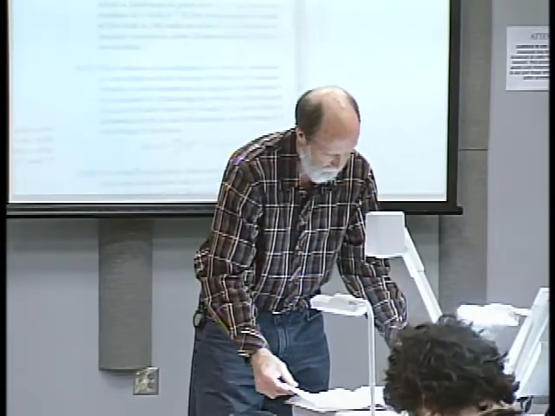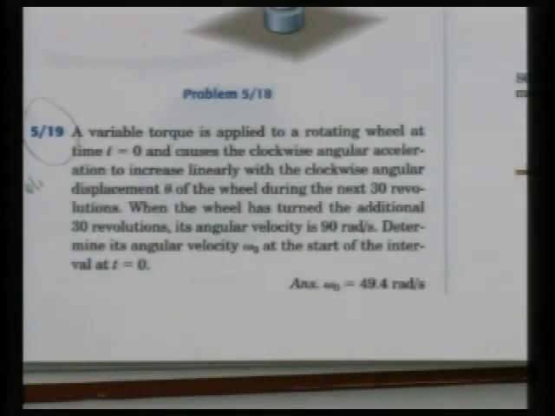Let's do one like this, right down here at the bottom of the page. A variable torque is applied to a rotating wheel at time 0, causing a clockwise angular acceleration to increase linearly with a clockwise angular displacement theta of the wheel during the next 30 revolutions.